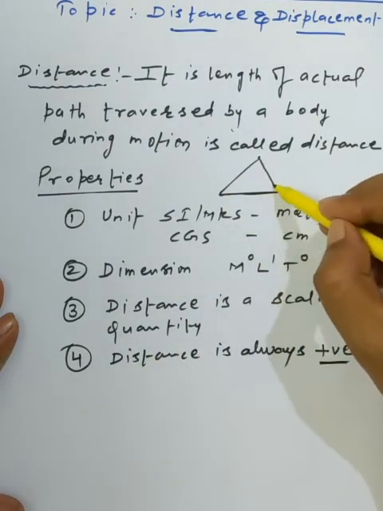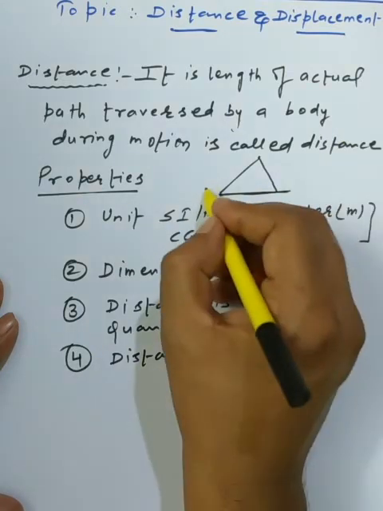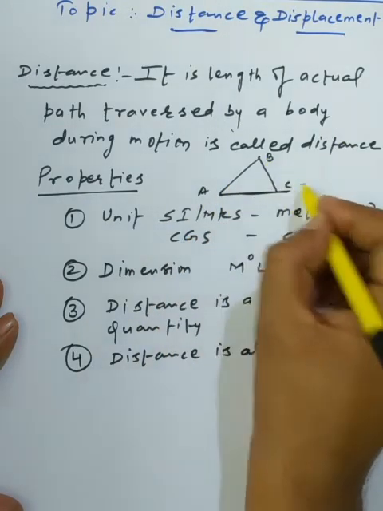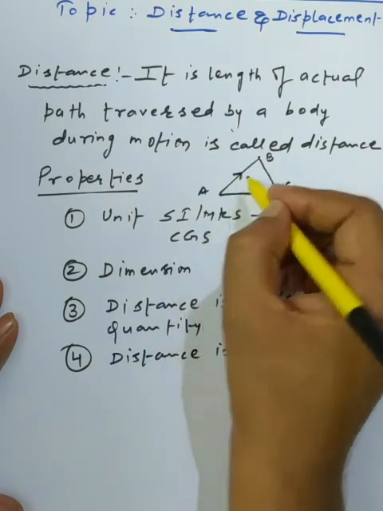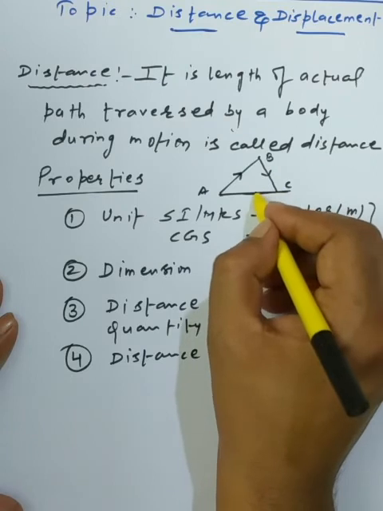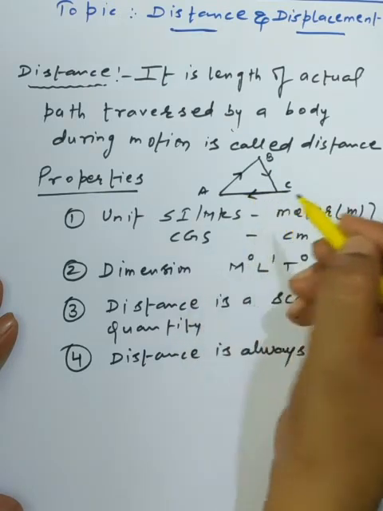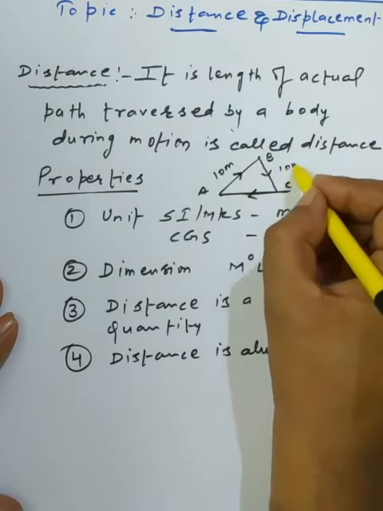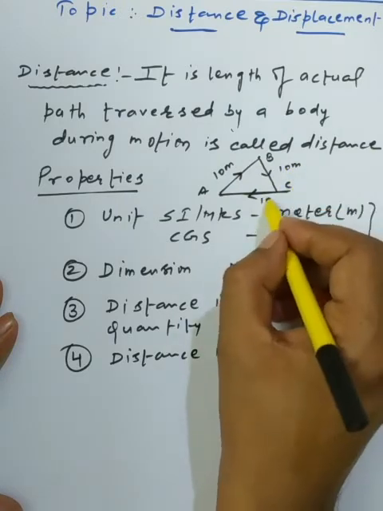I am putting a triangle in front of you: this one is A, this one is B, and this one is C. The object moves from A to B, and then from B to C, and coming back from C to A. A to B is 10 meter, B to C is 10 meter, and C to A is also 10 meter.